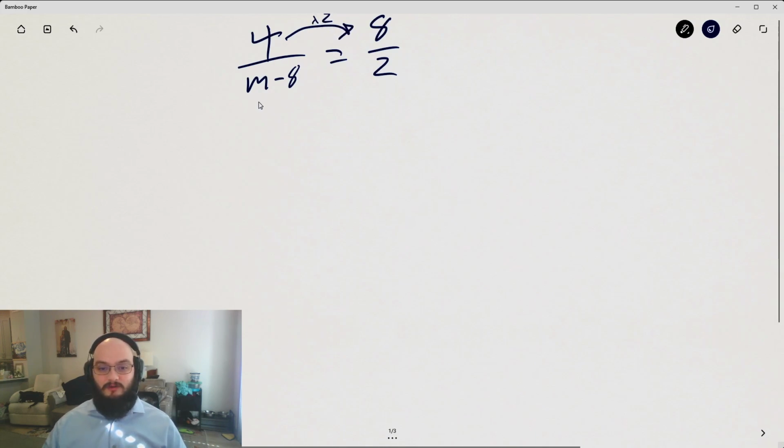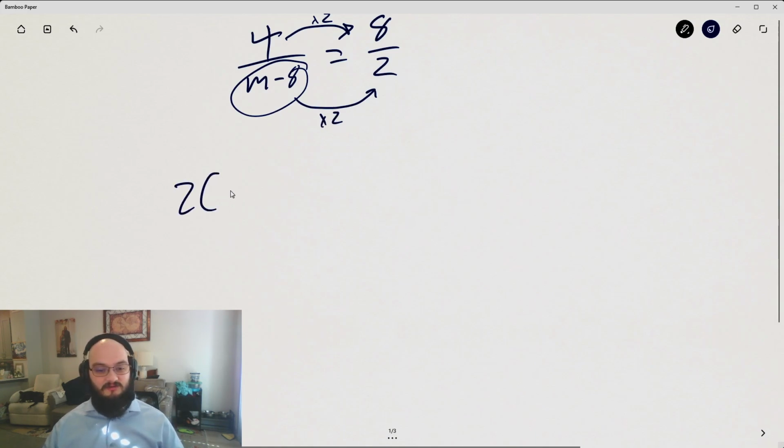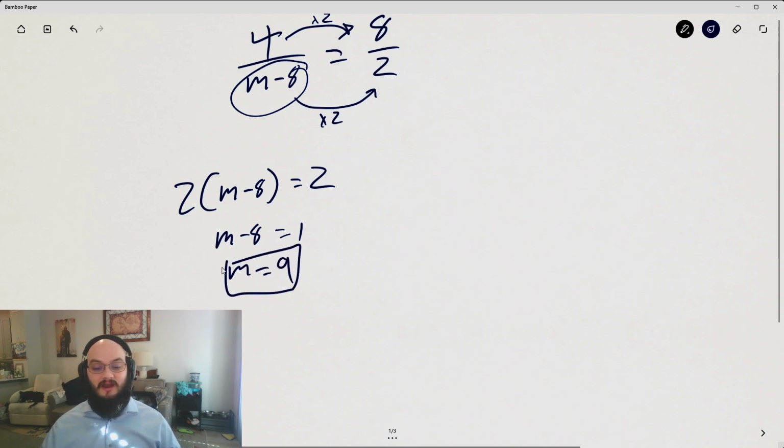So that means we can multiply this denominator by 2 to make 2. That means 2 times m minus 8 would make 2. Dividing both sides by 2, we have m minus 8 is equal to 1. Adding 8 to both sides, m is equal to 9. So that would be the solution for m in this proportion using the equivalent fractions method.